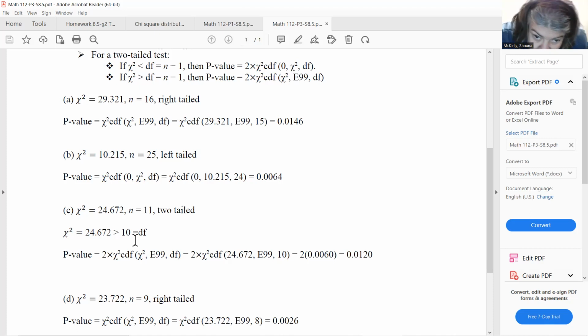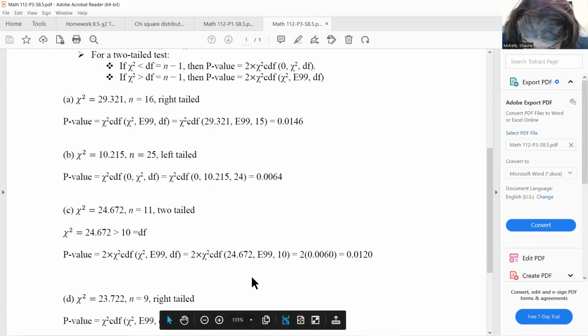Chi-squared is larger than my degree of freedom. And so when I put this in, I don't need the inverse chi, I do need the chi-squared CDF on the distribution menu. I'm going to go from chi-squared to E99 with my degree of freedom for that, okay? So how does that look? That looks like this.